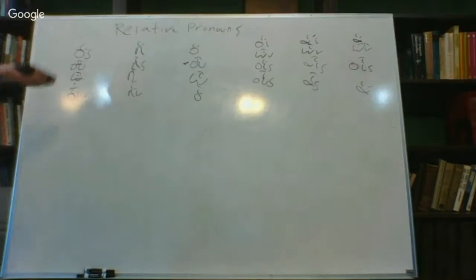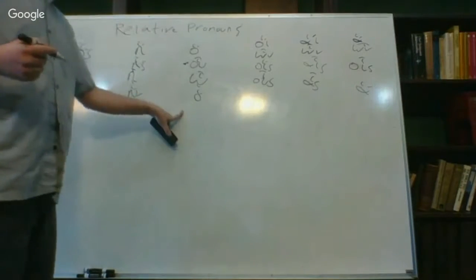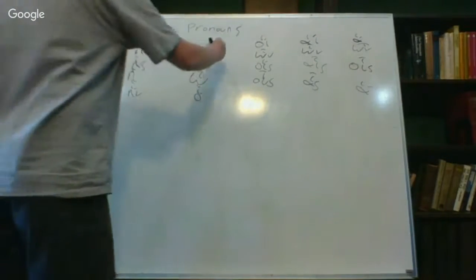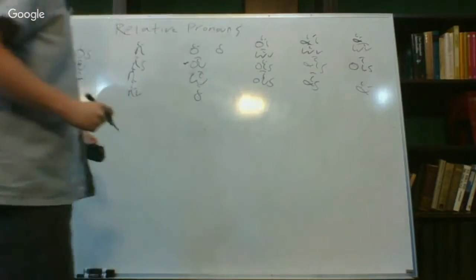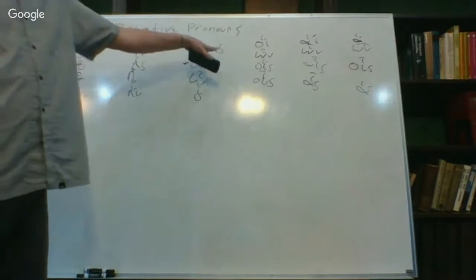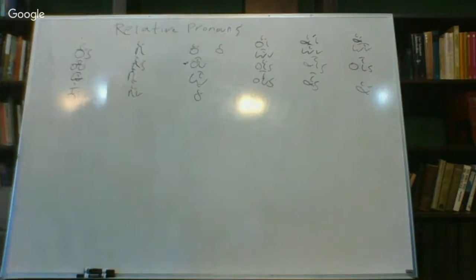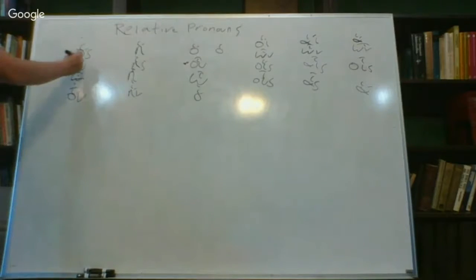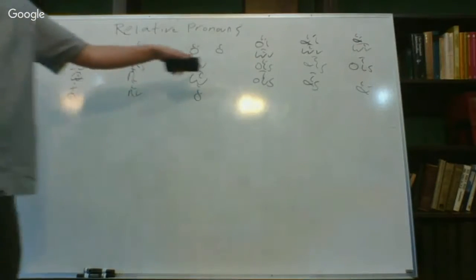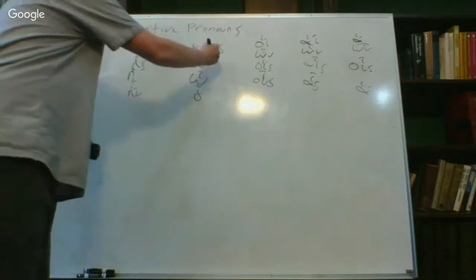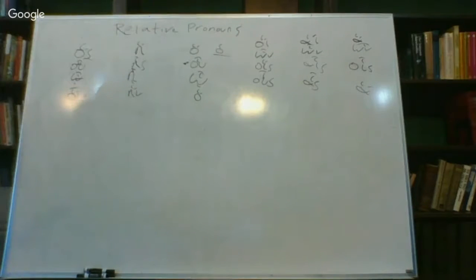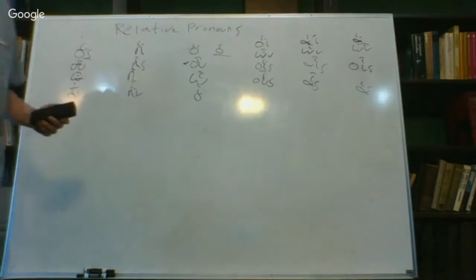And again, the difference between the relative pronoun ho and the article ho is that one has an accent, one doesn't. And then the nominative singular masculine of the relative pronoun has a sigma, whereas the article's does not. Just some variations there. And so we see rough breathing marks are important to identify the relative pronoun.